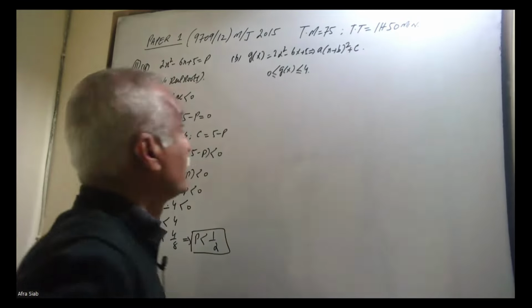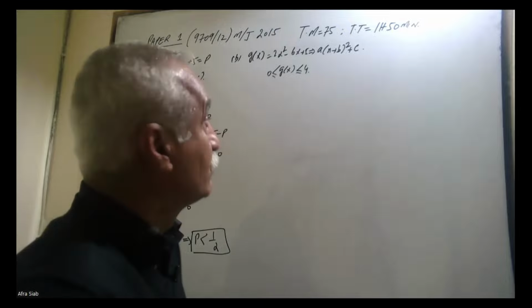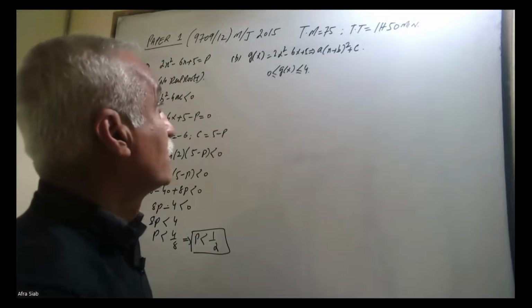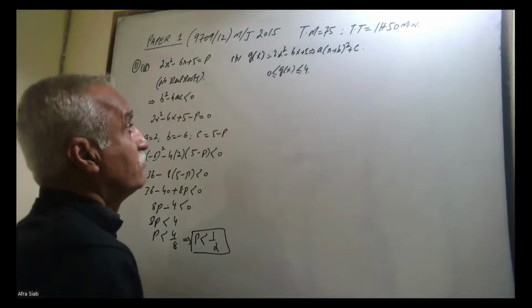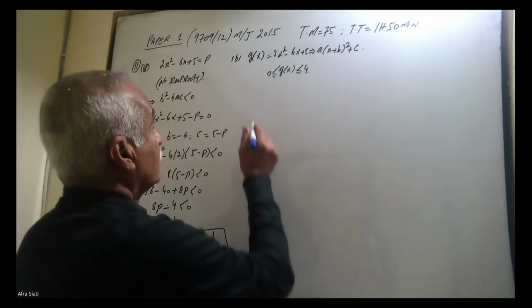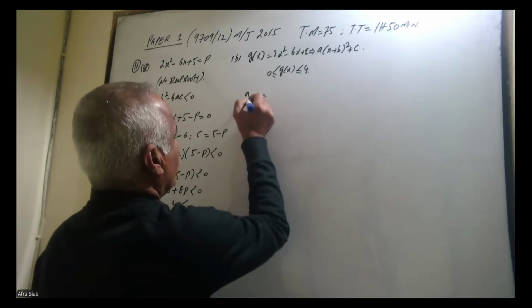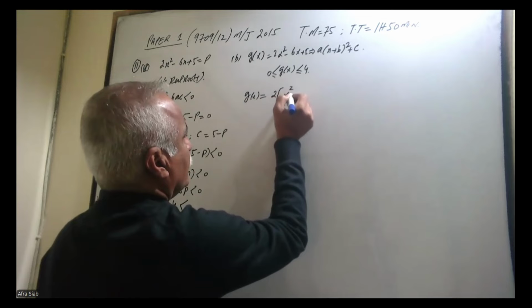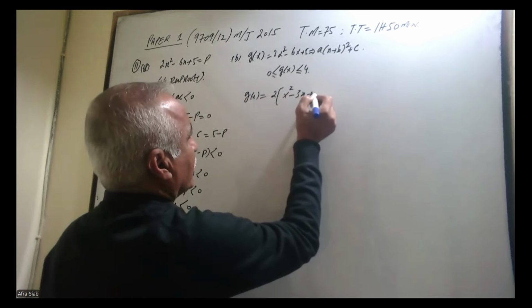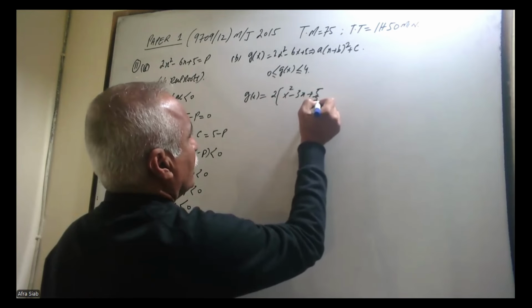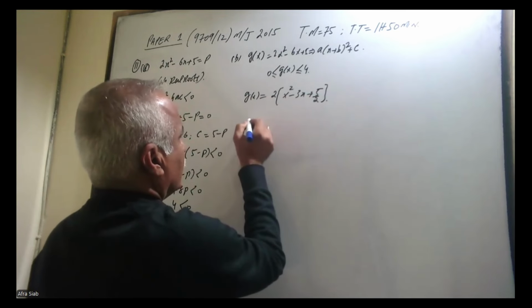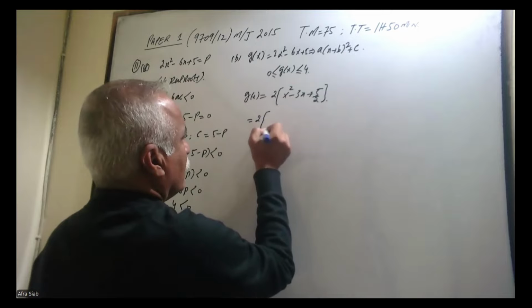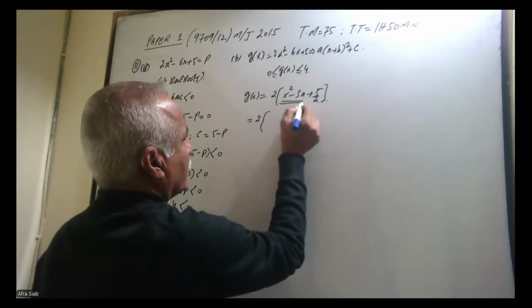So g of x, its range is from 0 to 4, and we have to express it in the form of a times x plus b whole square plus c. So g of x is equal to 2 taken common. It should be equal to x square minus 3x plus 5 over 2. Now we can use completing the square for this.